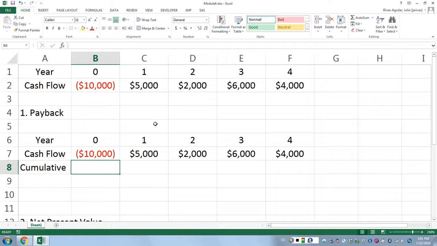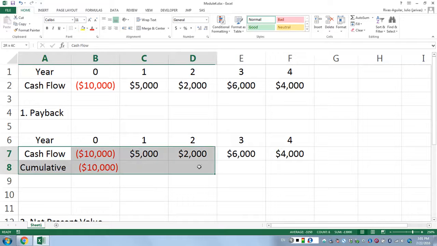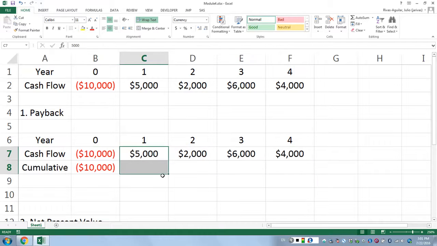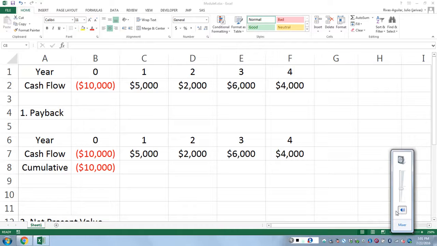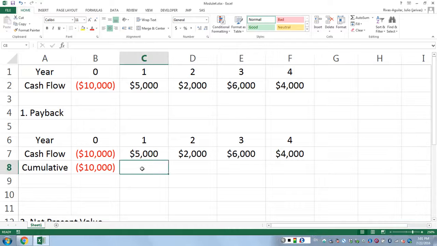So if we start with that calculation, we know that by year 0, and I'm going to center everything just for style purposes, on year 0, we have $10,000, right? We're $10,000 out. Now, for year number 1, we are going to measure the difference.